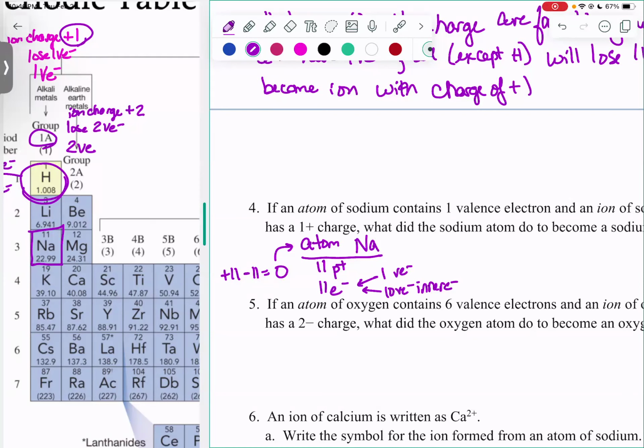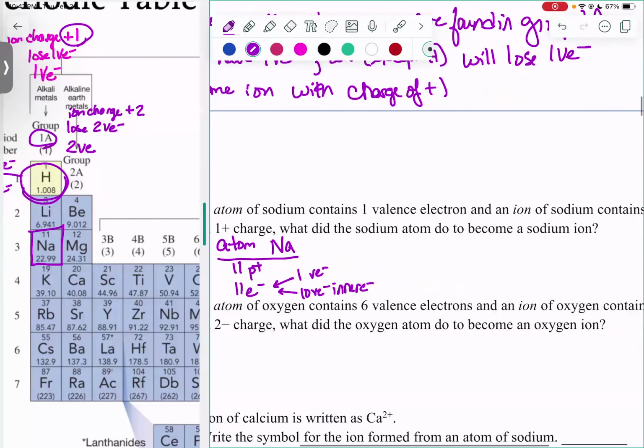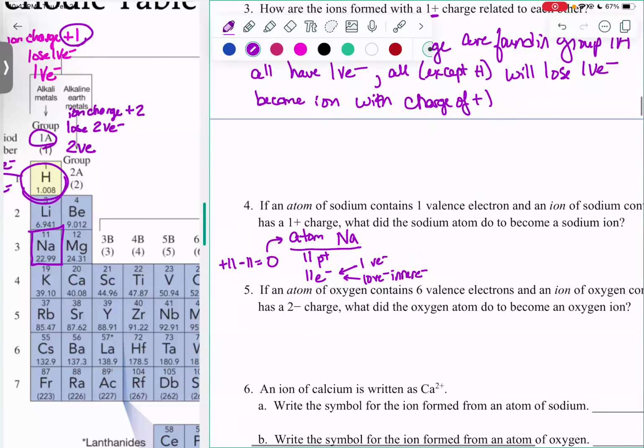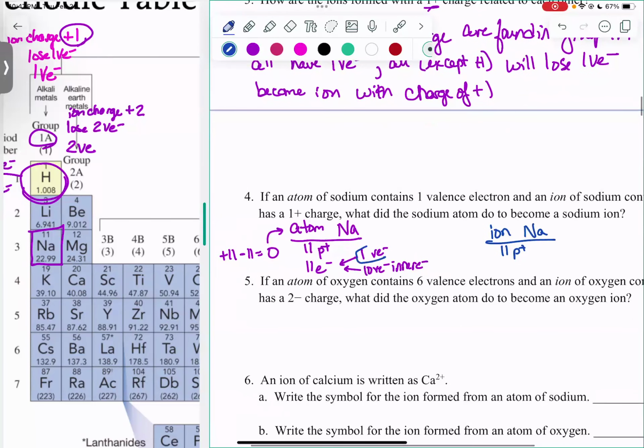And I think I did this in the last video, I drew the atom of sodium, and so you can go back and refresh if you need to on that. So then I want to make my ion of sodium. So here we're going to do an ion of sodium. And my number of protons has to stay the same because I'm still sodium.